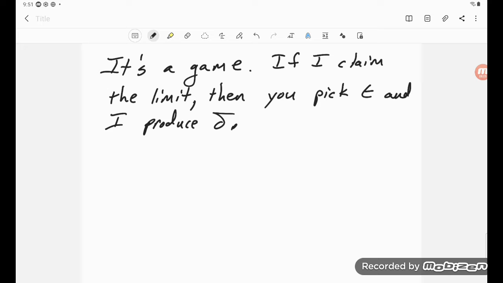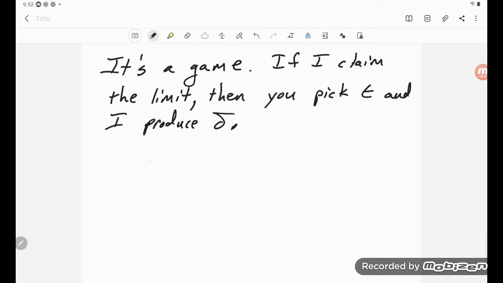And they use this example. They do z squared to start with, but let's pick something slightly easier.